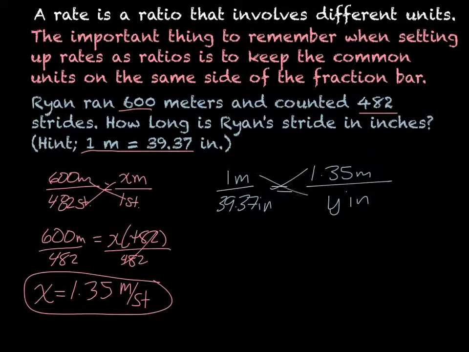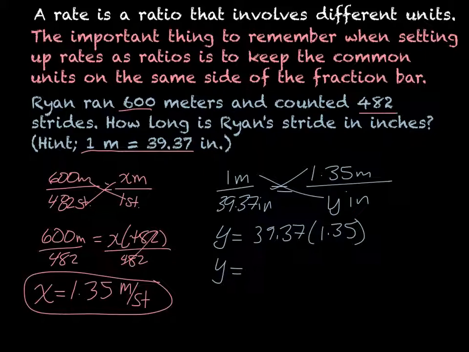So we do the same thing. So this gives us y equals 39.37 inches times 1.35. All right, and then y, type that into the calculator, you would get 48.82 roughly, and that would be how many inches. Final answer.